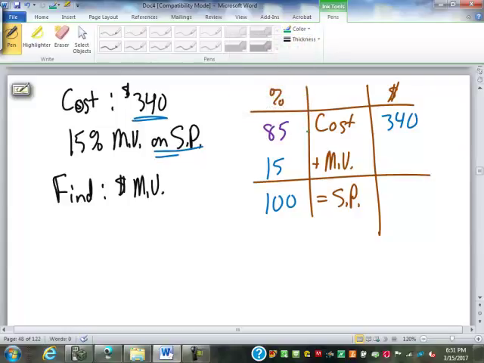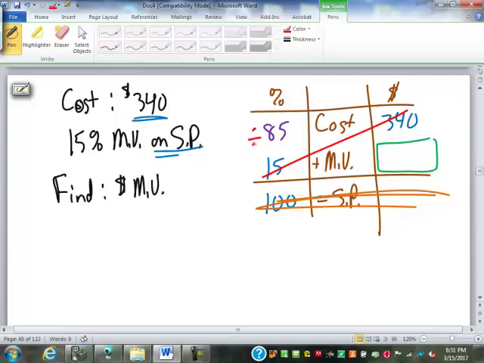So yes, we can find that 85% for the cost by working backwards. So then, what are we looking for? The dollar amount of the markup. So we don't need the bottom row. 15 times 340 divided by 85. Maybe $60 is the dollar amount of the markup.